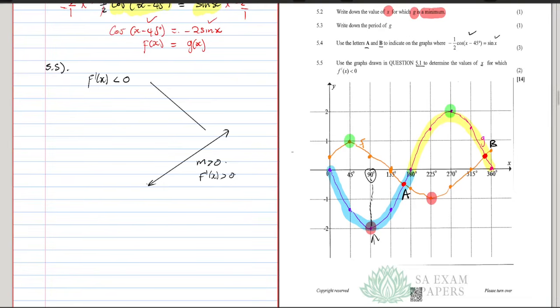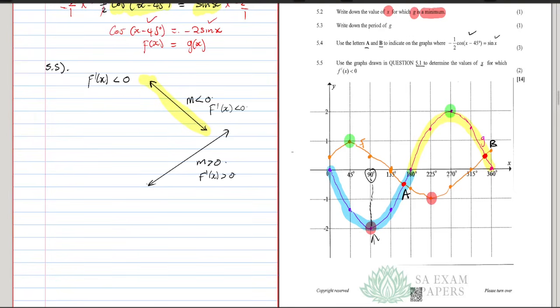Like I said, a derivative represents a gradient. Then you also have an m that is less than 0 for a line that is tilted like this, f prime less than 0. So if I were to sketch tangents along the f function, that's going to give me a line that is slanted like this.